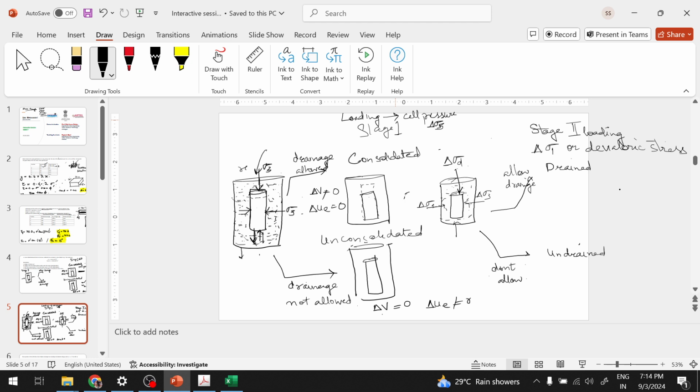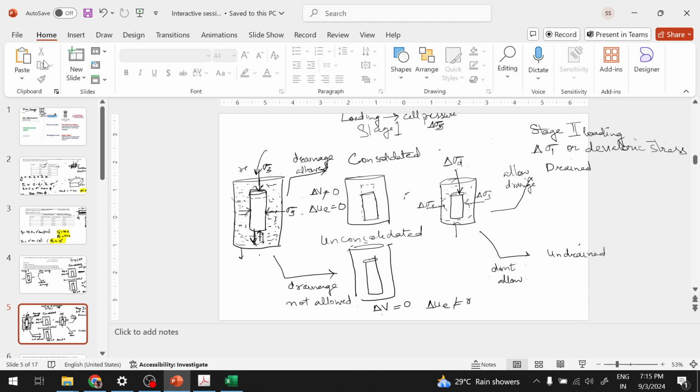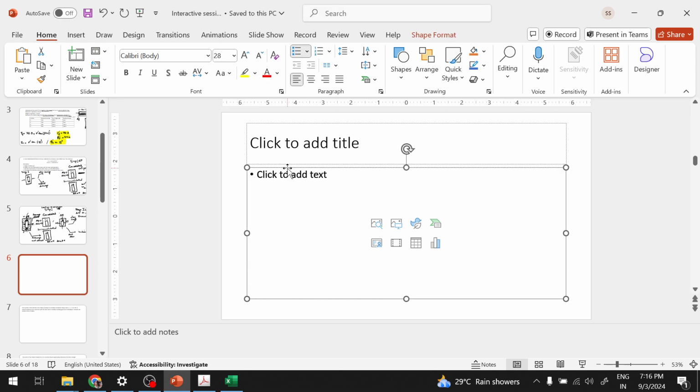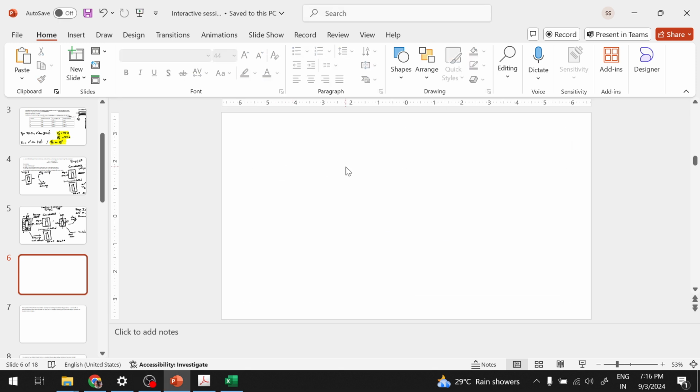Now, two cases in the stage 1, consolidated, unconsolidated.